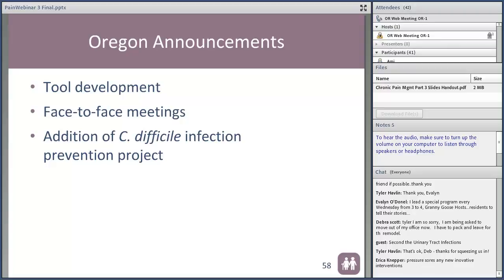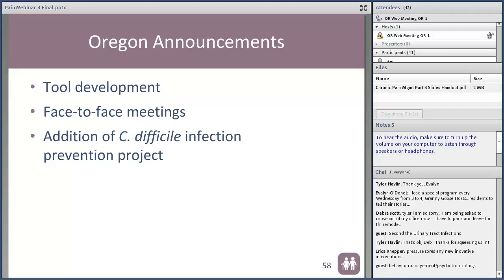It feels like spring because it's not raining here in Portland, but stay tuned, Oregon, for a date on that. And then, of course, within our work with nursing home quality improvement, we are adding infections around C. diff and trying to prevent C. diff infections. We also work with hospitals, of course, on those serious and often preventable C. diff infections and how to manage them. So stay tuned for additional information about working with us on improving C. diff rates and decreasing those infections.